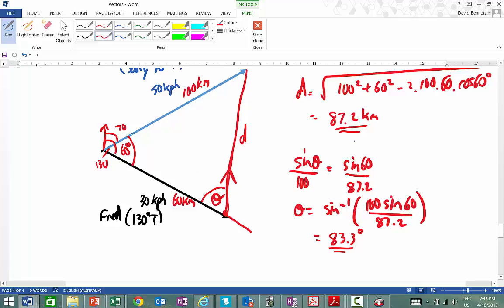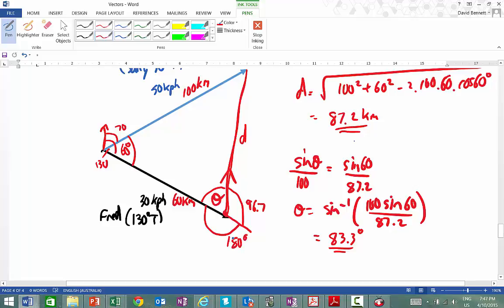Now we know this whole line's going to have 180 degrees in it. So this angle here is going to be 96.7. If I continue that as a straight line, we know that this here would be 180 degrees.